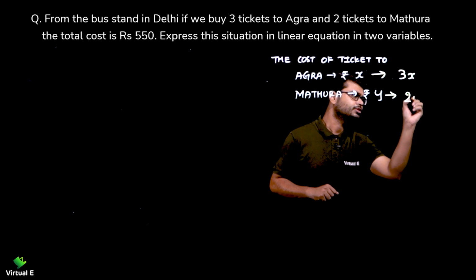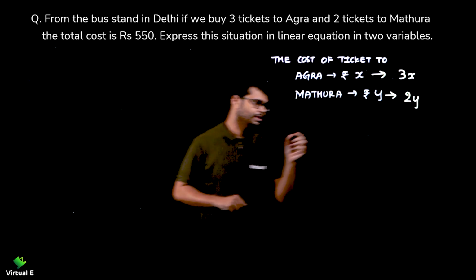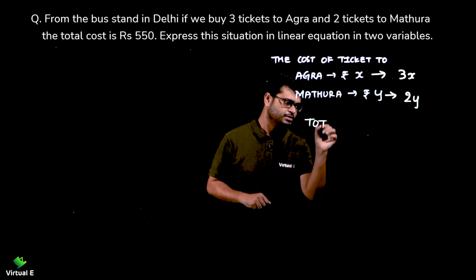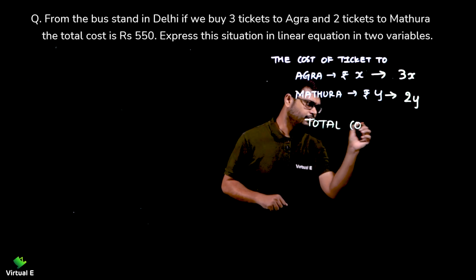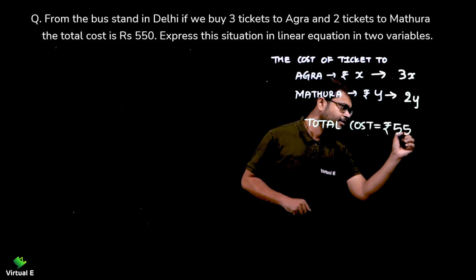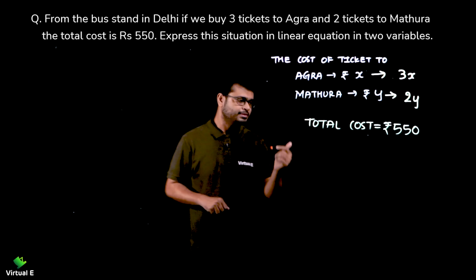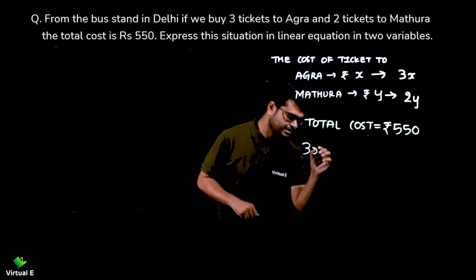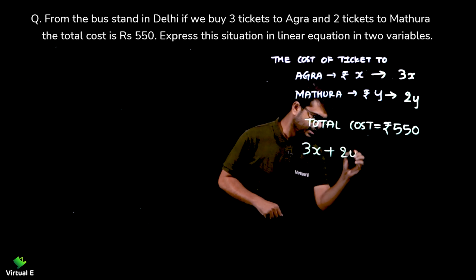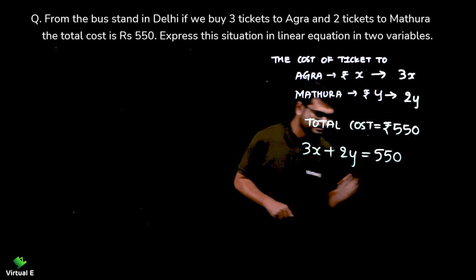So that is 2y. And what about the total cost? Let's say total cost is equal to rupees 550. Now total means what? We are going to add it. So 3x plus 2y is equal to 550.